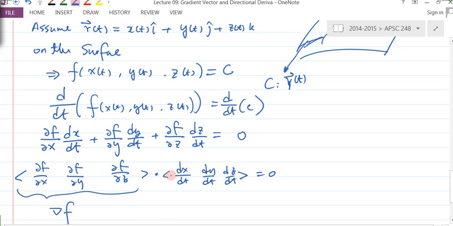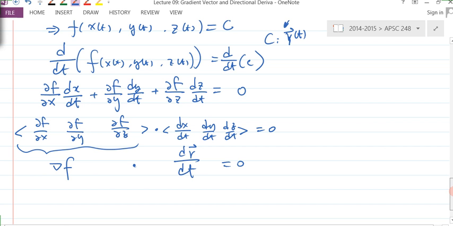So the gradient vector is dotted with the derivative of the parametric equation, the vector function for an arbitrary curve, because you have infinite curves on the surface. So that's arbitrary, and this dot this equals 0.